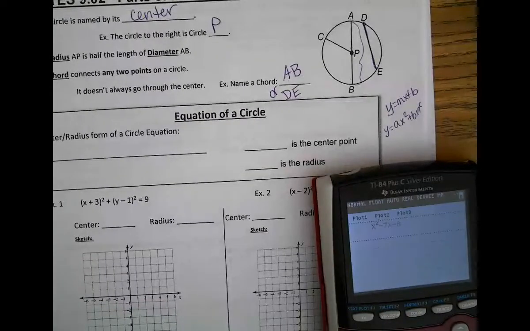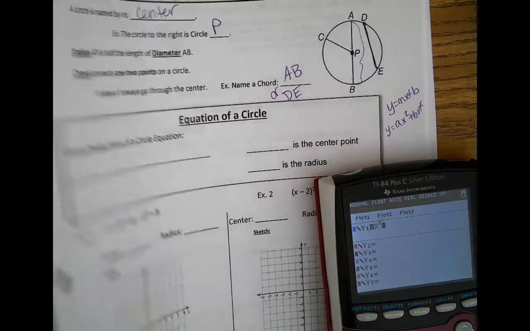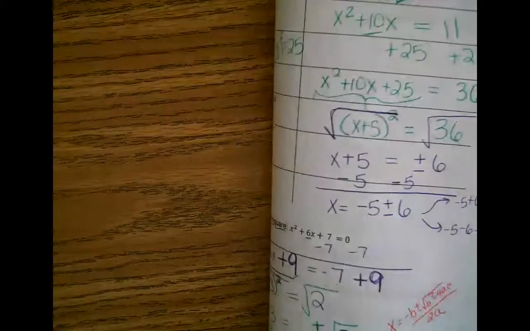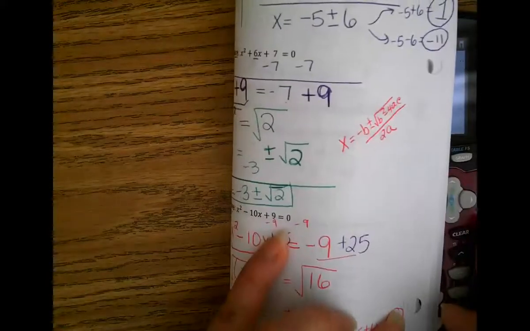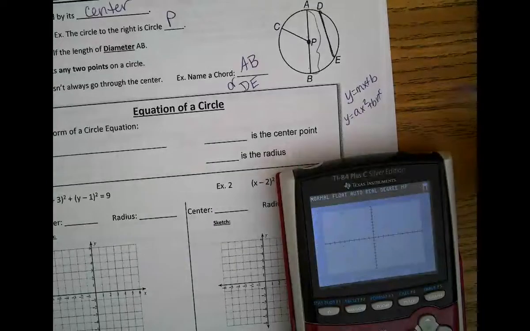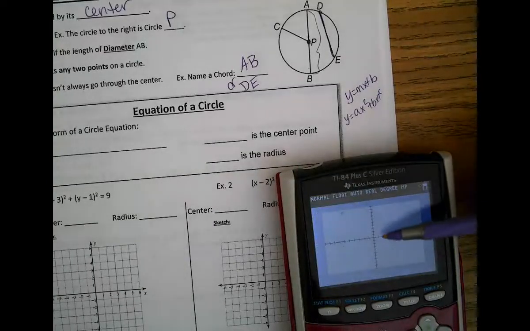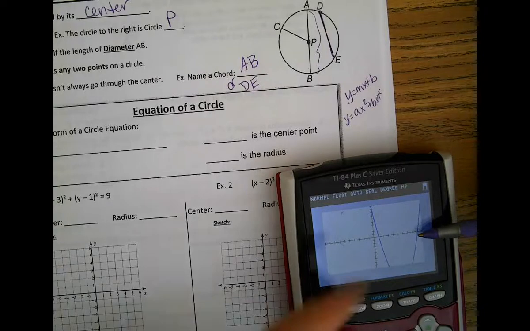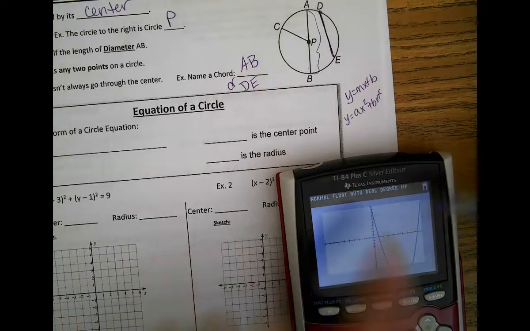If I put in the one we just finished, x squared minus 10x plus 9 equals 0, and I graphed it, it's going to be a U shape. It's going to come down, hit 1, loop down off my screen, come back up and hit positive 9 because our solutions were 1 and 9.